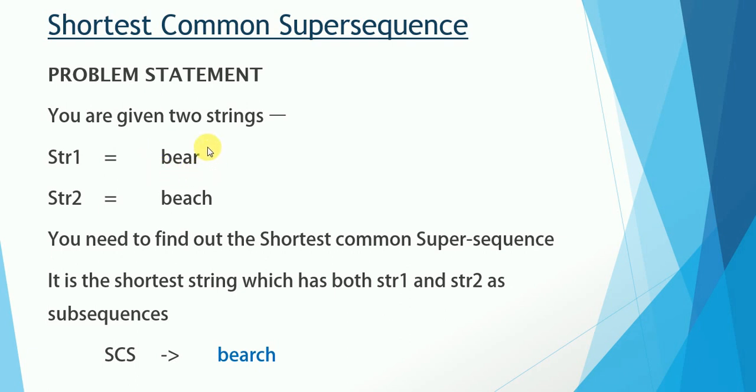So we have 4 as the length of string 1, 5 as the length of string 2. The total length is 9, and the length of the longest common subsequence is 3. We subtract 3 from 9 and get 6, and that 6 is the length of this shortest common supersequence.